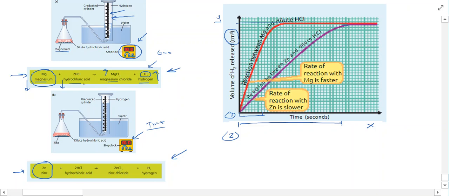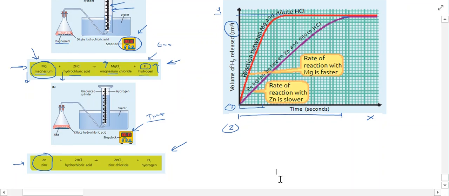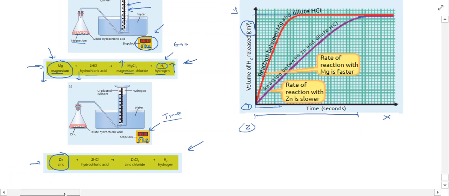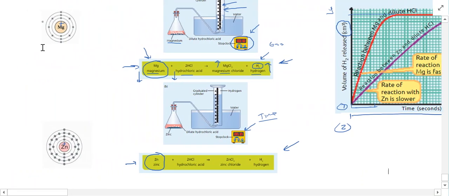The two experiments are pretty much the same, except the only difference is one of the reactants, the type of reactant used. So why is it that magnesium and zinc have different reaction rates? Because essentially it's the same type of reaction, only one of the reagents is different.